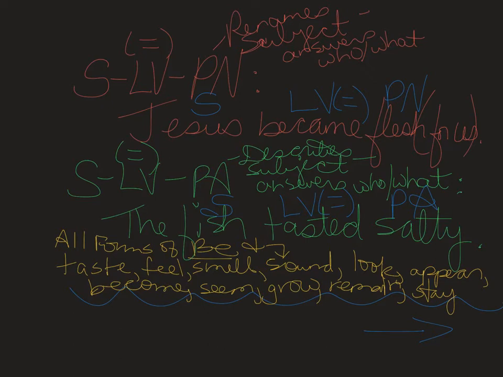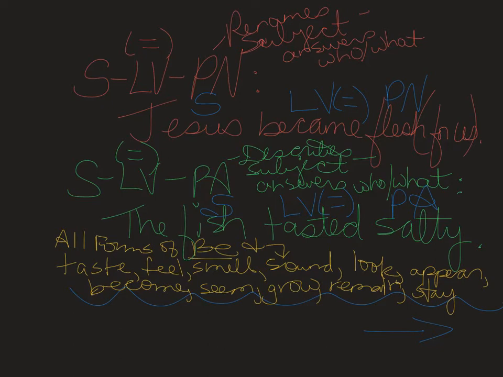Another thing to remind you is your linking verbs are constituted by all of your forms of be, which are am, is, are, was, were, be, being, and been, and the following words that are here at the bottom of this page: taste, feel, smell, sound, look, appear, become, seem, grow, remain, stay.